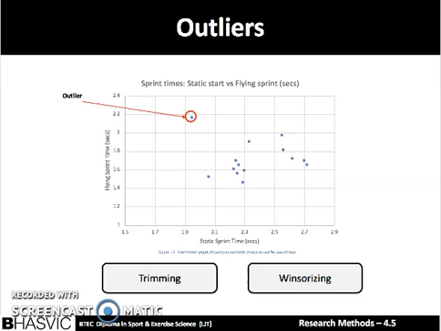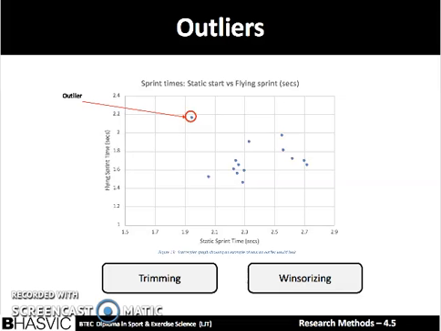So obviously your median is going to be completely different if you have an outlier, because if you had a selection of numbers 1 to 5, your median would be fairly close to those other numbers because they're all quite close together.